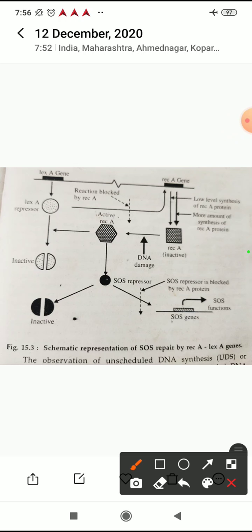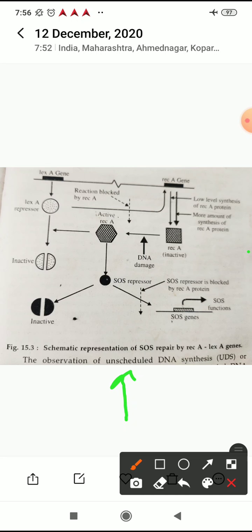So in this diagrammatic representation, SOS repair, how it occurs, that is shown.